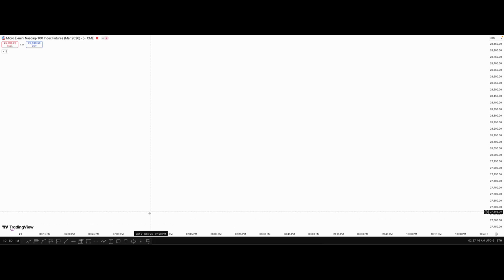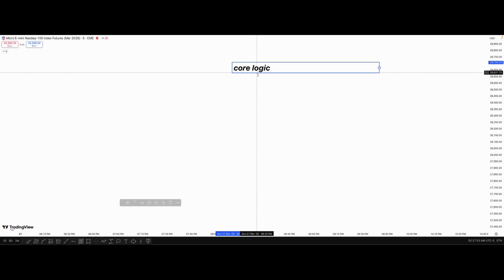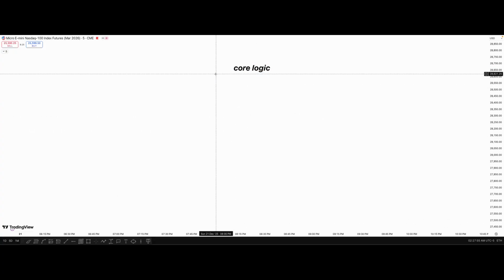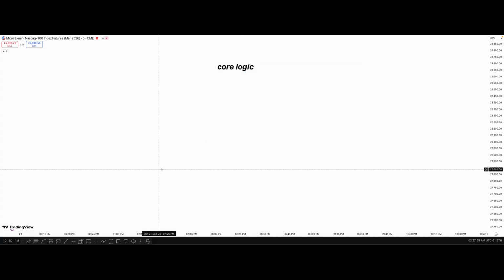If we define the core logic, it is just a sell program and a buy program, right? It is about the market pricing in a level where the price wants to go, and then where the price wants to go higher, right?